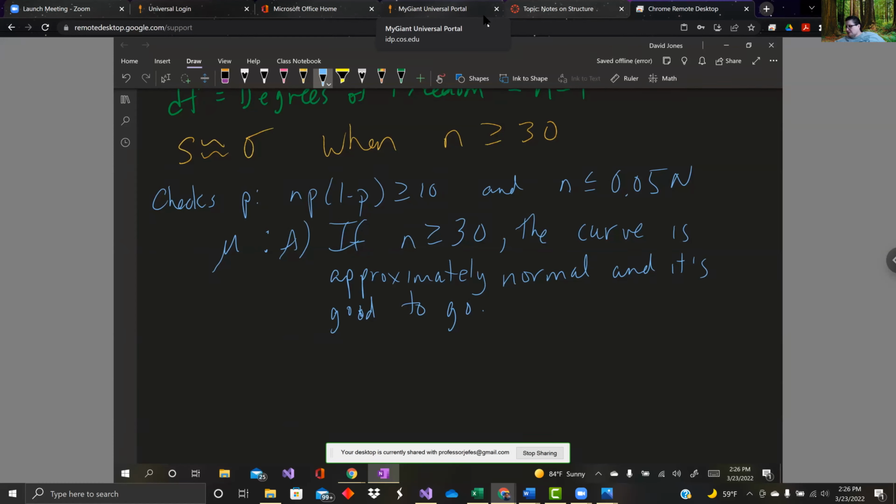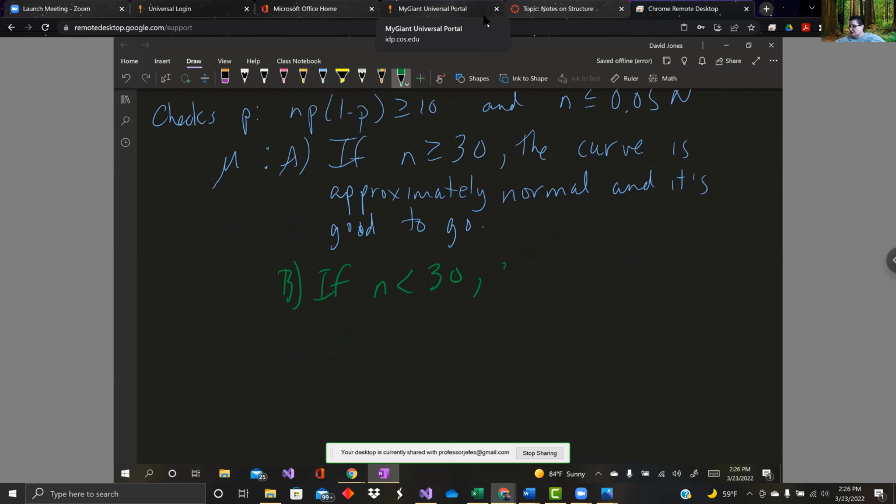Now, where it changes, or where we've got to actually do some work, I should say. If n is less than 30, we've got two things to check. We want to check the correlation statistic and see that it's greater than the critical value.